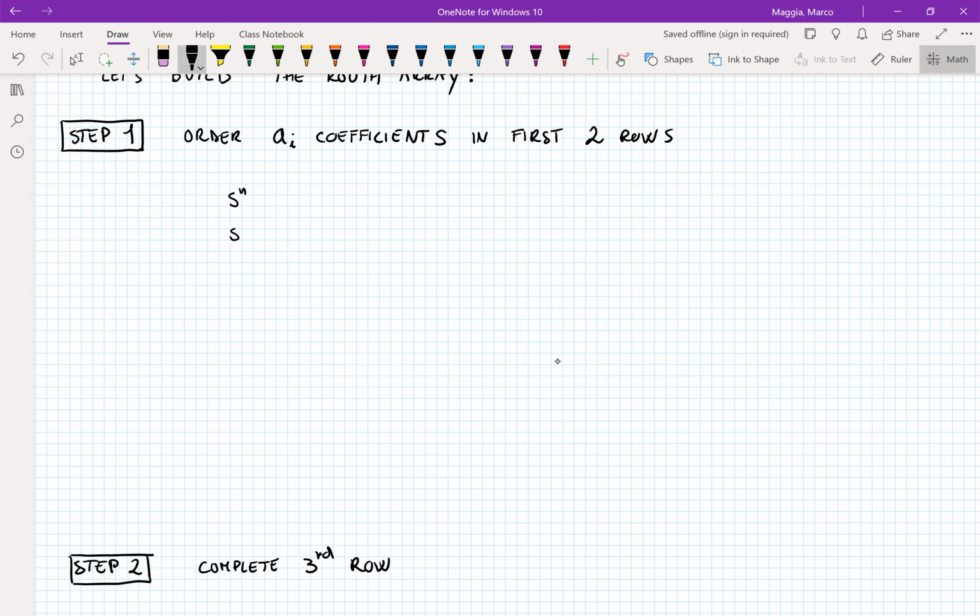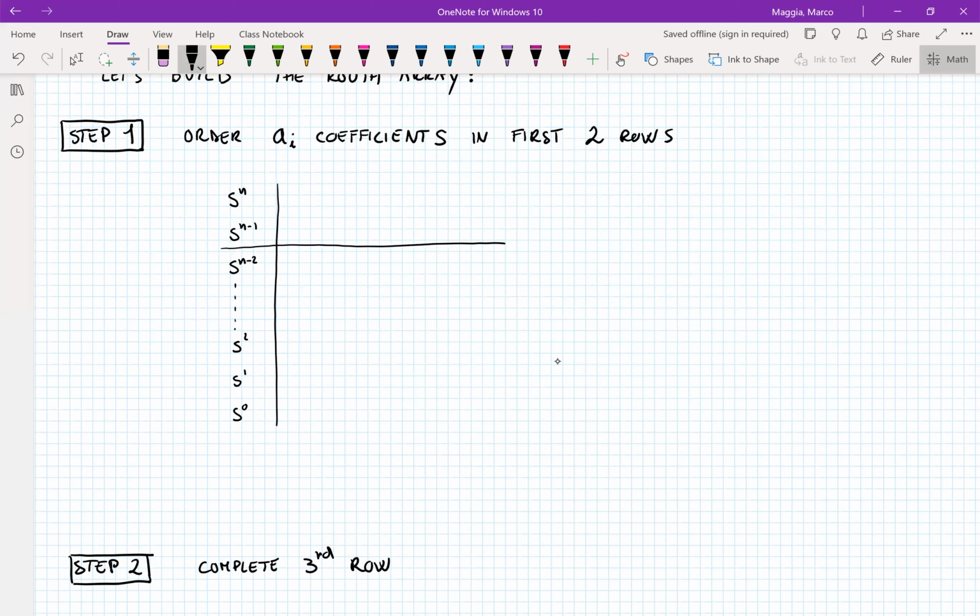We start with S to the power of n, then we write downwards S to the power of n minus 1, S to the power of n minus 2, all the way to S squared, S, and S to the power of 0, or the constant coefficient. And then we're going to fill the first two rows using the coefficients of the characteristic polynomial, and we're going to place them in this order.